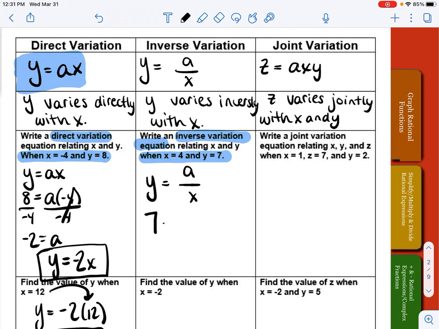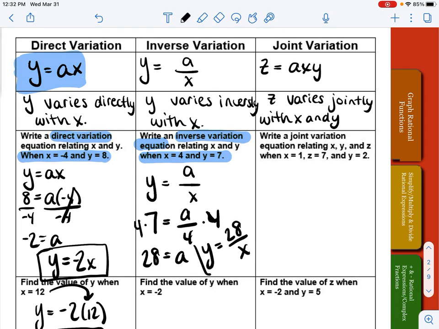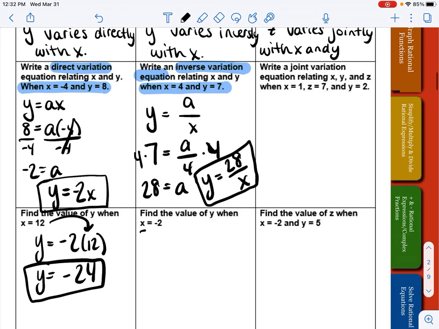Plug in information, 7 equals a over 4, solve for a, we get a is equal to 28, so our inverse variation equation is y equals 28 over x. And then to solve for y, you just plug in negative 2 for x down here. So you get that y is equal to negative 14.